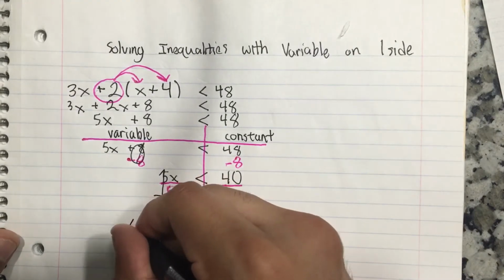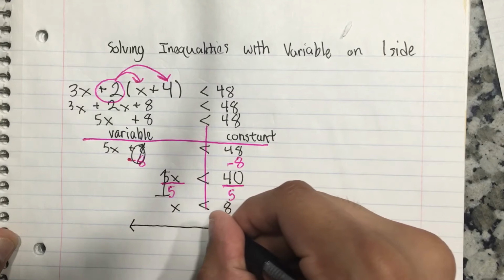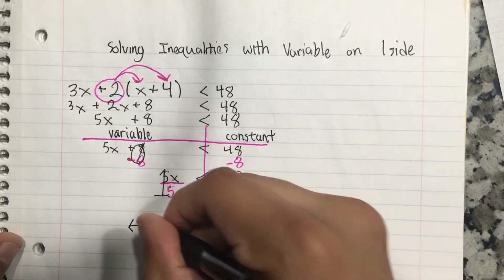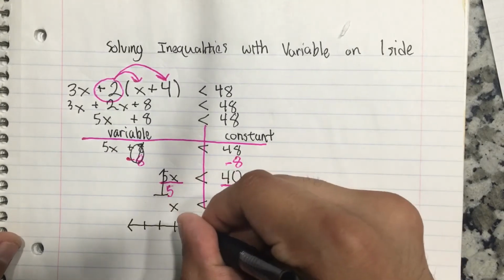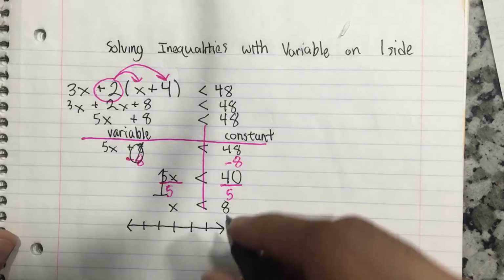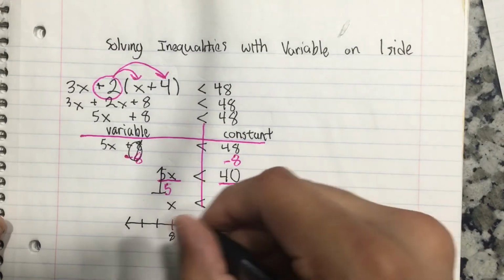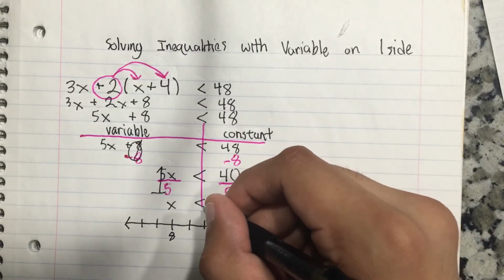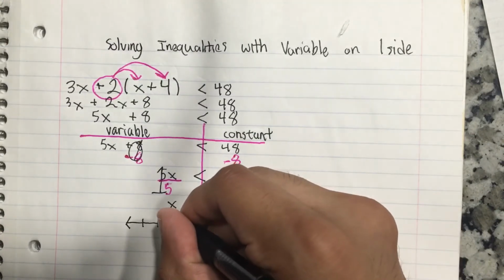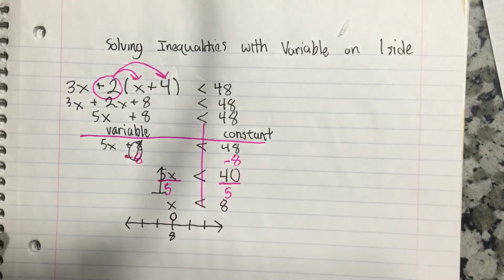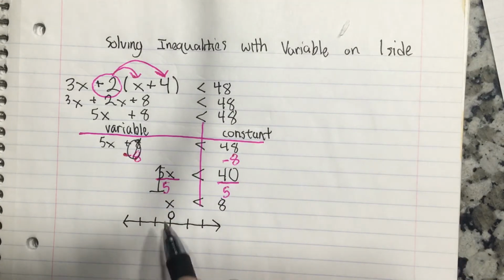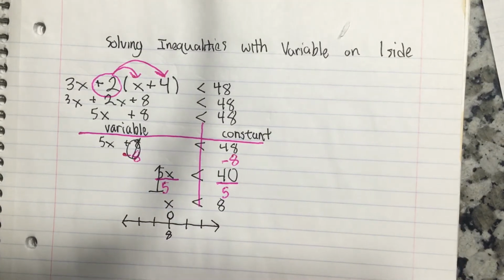Now, to show all our possible solutions, we need to draw a number line. I like doing them with at least 5 numbers to give it some reference. The center of attention is the number 8. And since it is a regular less than symbol, we will use an open dot to indicate that 8 is not a possible solution since 8 is less than 8 is false.